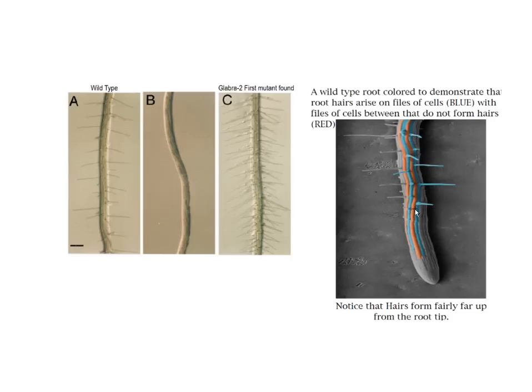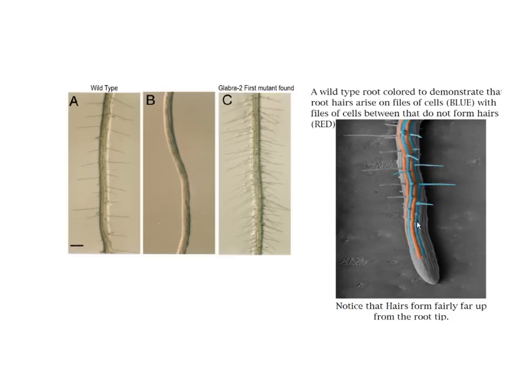You'll also notice that the columns of cells that are colorized here show us that all of the cells in a particular column, and those are all in the same lineage, meaning they all have arisen from the division of the same mother cells, these cells all take on hair fate. Each one of those cells makes a hair. And in this column next to it, these red colorized cells, none of those cells become a hair. This is the pattern. Columns of cells, either hair identity or non-hair identity.